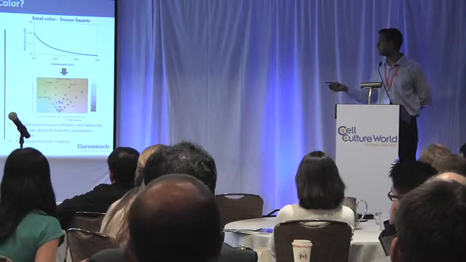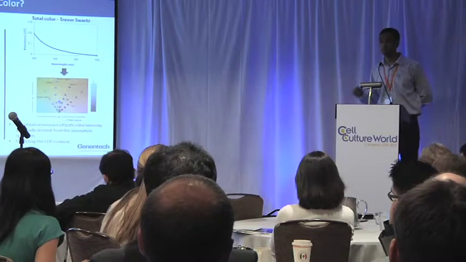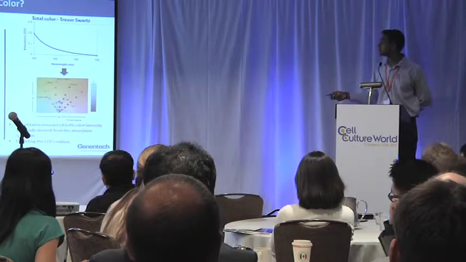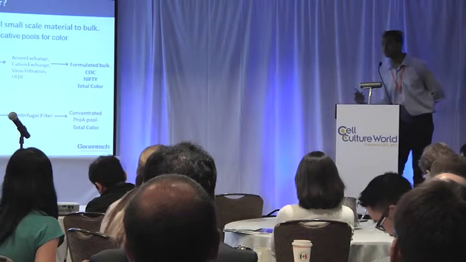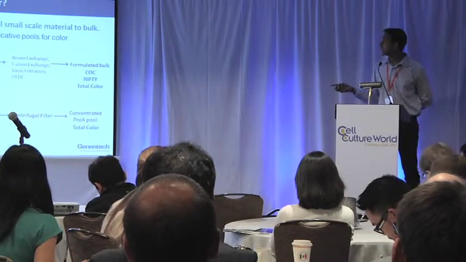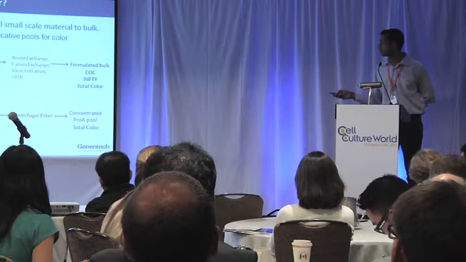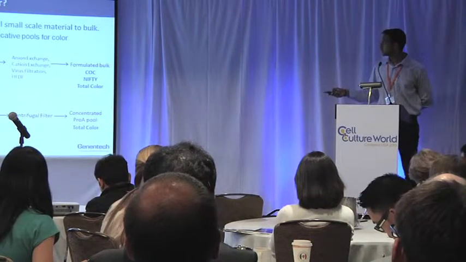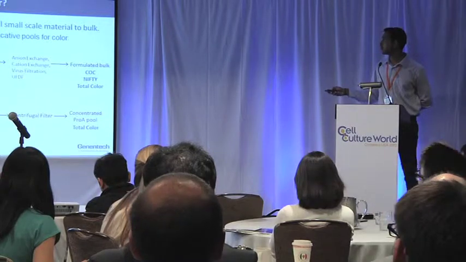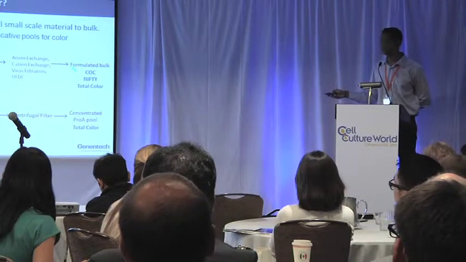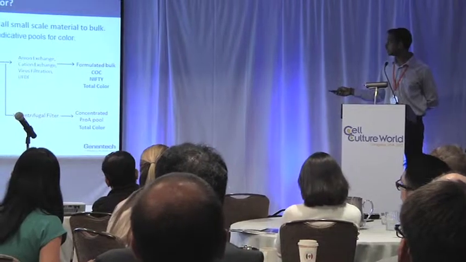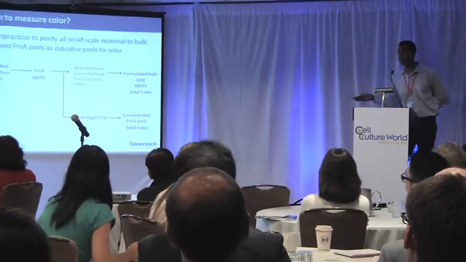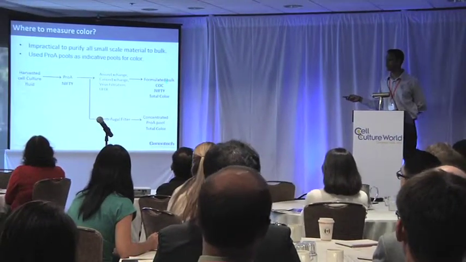Now, okay, we have a method of measuring color, but then we still have an issue of going back all the way to the bulk. So we wanted to simplify that, reduce the resource input into it, and we want to use the Pro-A pools, which is the first step of purification for our cell culture. Typically, cell culture fluid goes to Pro-A and then goes on to all the other steps of purification before it's finally formulated. Like I've already mentioned, we use the COC method, the standard compendial method, for looking at color at formulated bulk.